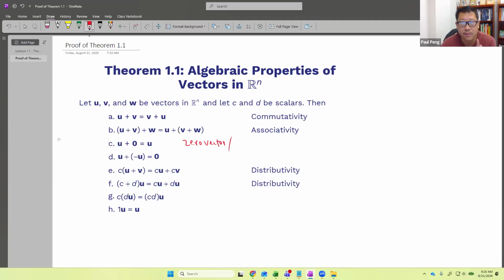So we have 2 types of operation in basic Euclidean space. One is addition, another is scalar multiplication. The first 4 are for addition. This is for basic addition. And the second 4 are basic for scalar multiplication.